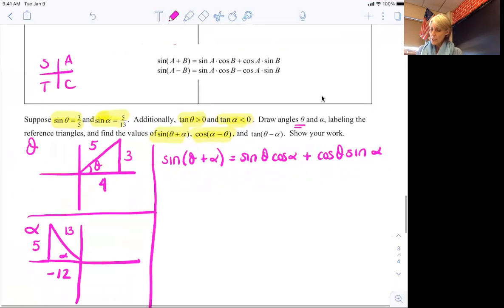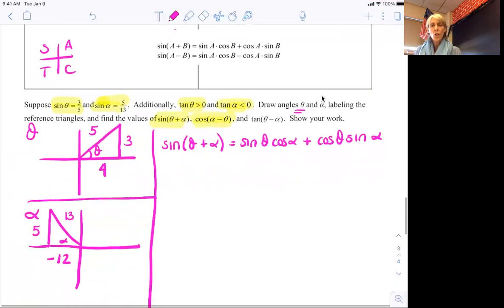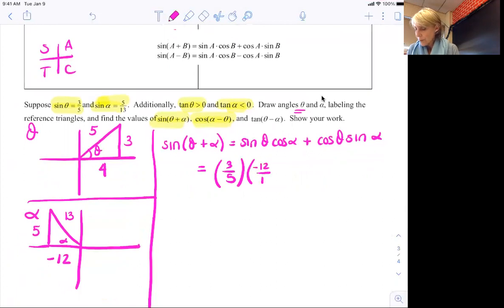And what we're going to do is we're going to take our values right from our triangles. So even if we don't know the value of the angle, we can still evaluate the sine of theta, 3/5, the cosine of alpha, negative 12/13, plus the cosine of theta, adjacent over hypotenuse, times the sine of alpha, which is 5/13.